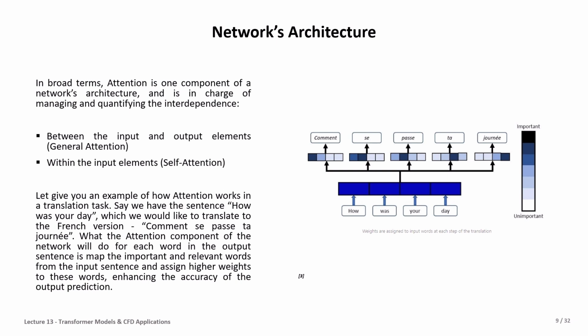What is the attention mechanism doing here? Each word in the output sentence is mapped to the important and relevant words from the input sentence, and this assigns a higher weight to each of these words for the accuracy of the output prediction.